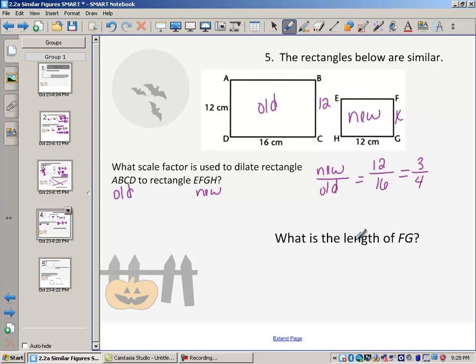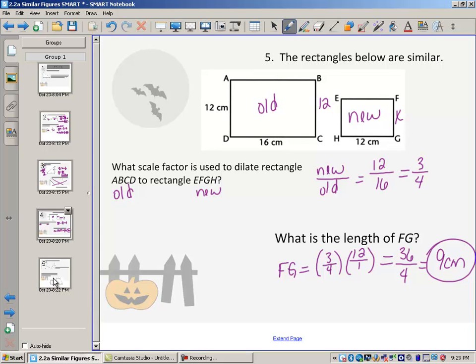So when I want to find the length of FG, I take my scale factor, which was 3/4, and I multiply it times the corresponding side, which in this case is the 12. I put it over 1 to make it a fraction. 3 times 12 is 36. 4 times 1 is 4. And when I divide 36 by 4, I get 9 centimeters is my missing side. So I found my scale factor, multiplied it times the corresponding side to get my missing side.